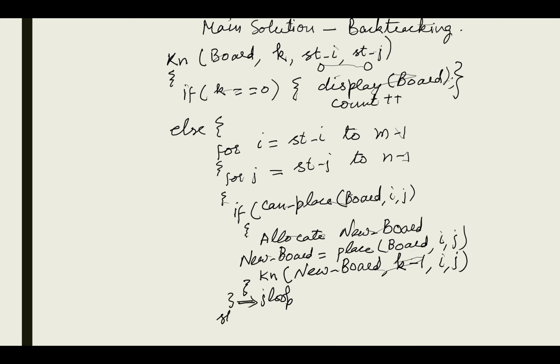After the end of the j loop, before the next iteration of the I loop, we will initialize j to 0, so that next time j starts from 0 again, because for the column we again want to start from 0. Then we end the I loop, and then the else, and then the main function, the kn function. So in this way this whole function will complete.